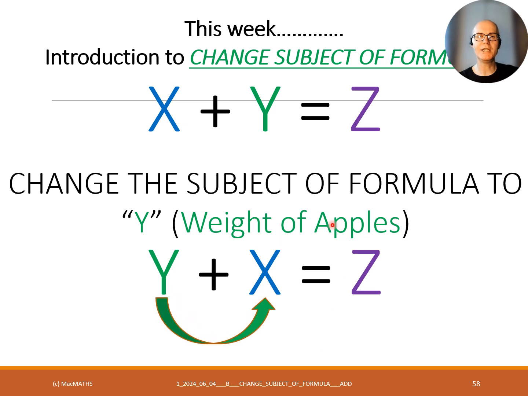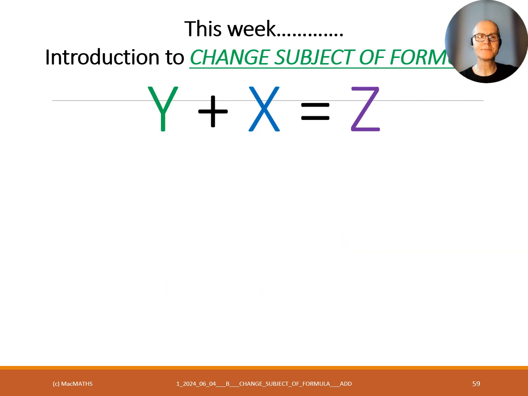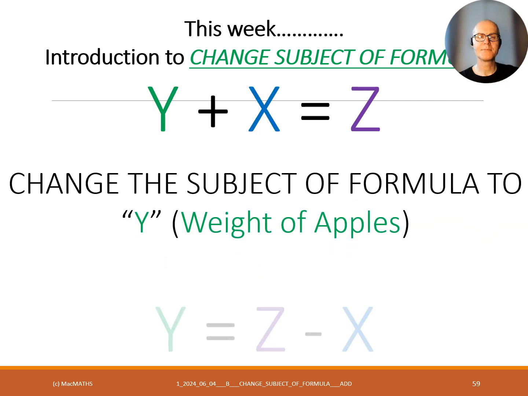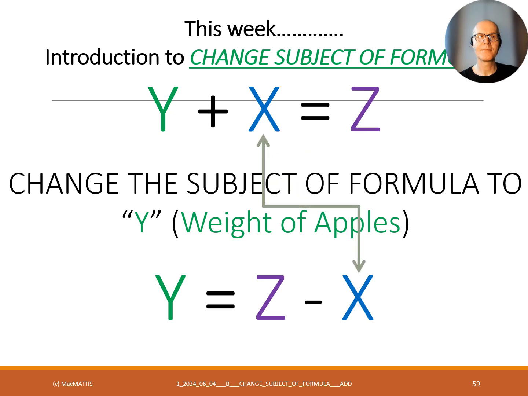We're going to change the subject of formula again to Y. First step is we're going to reverse the Y and the X. We do this by moving X from one side of the formula to the other side.